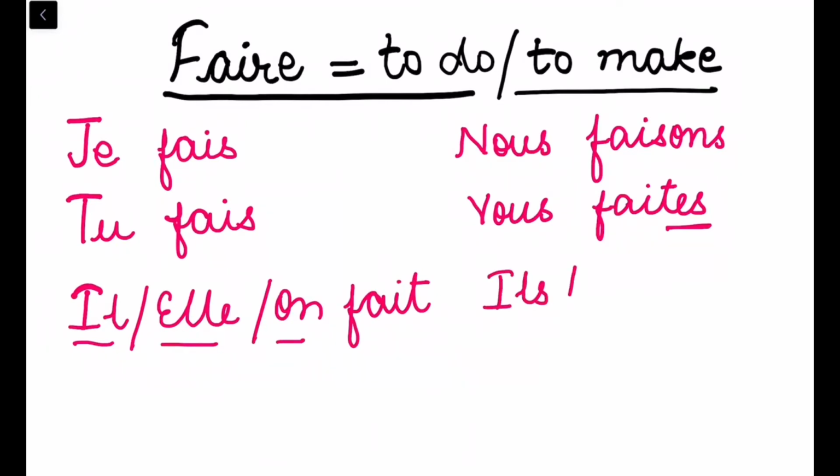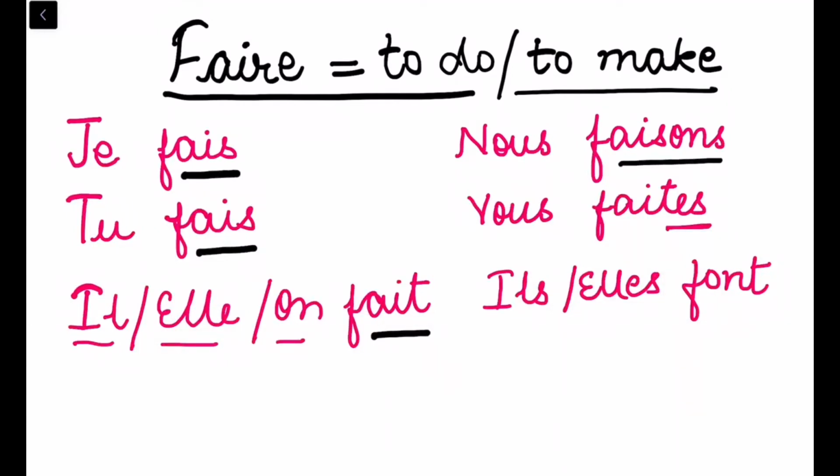And with ils, elles, the conjugation is FONT. So it is ils font, elles font. I repeat, it is je fais, tu fais, il fait, elle fait, on fait, nous faisons, vous faites, ils font, elles font.